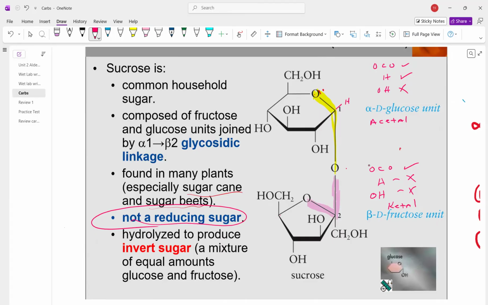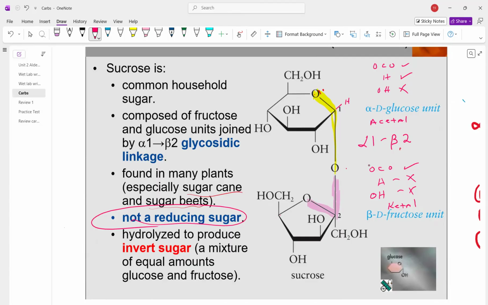Now, the linkage. What is the linkage? Well, we're starting off because the OH goes down on the top glucose. That means it is an alpha 1. And we're attaching to a beta, as it's going, that OH has to go up to attach to the one coming down. And it is on carbon number 2.